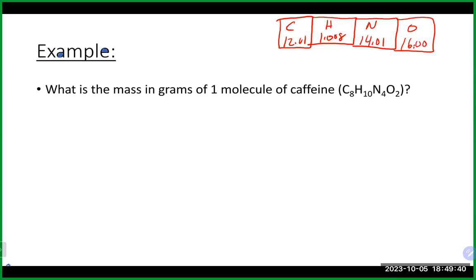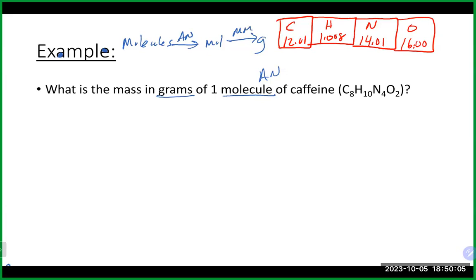So once again, the keyword is molecules, tells us Avogadro's number is involved. We want to end up at grams. So once again, we got molecules, we got to get to grams, and our moles are in the middle there. So we're going to first Avogadro number it, and then we're going to molar mass it, and then we will be out of stuff to do to it.